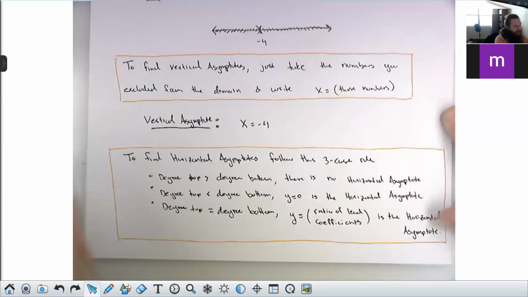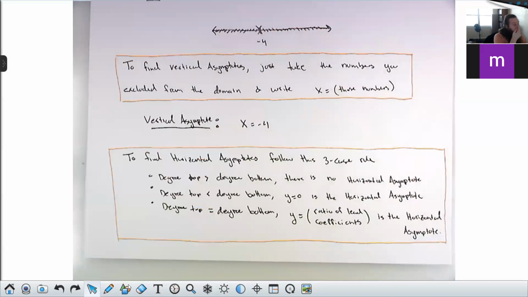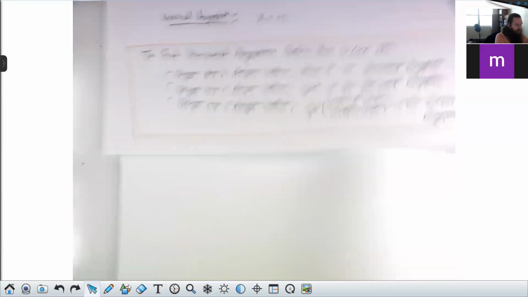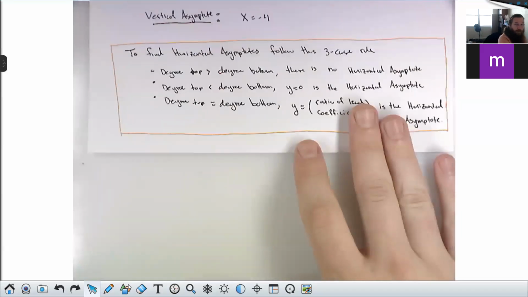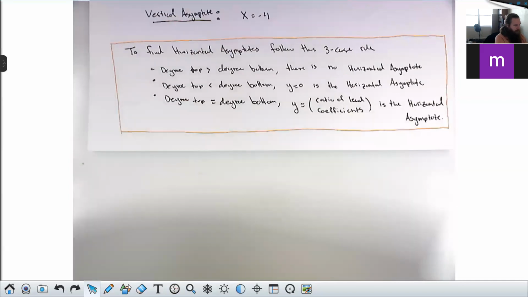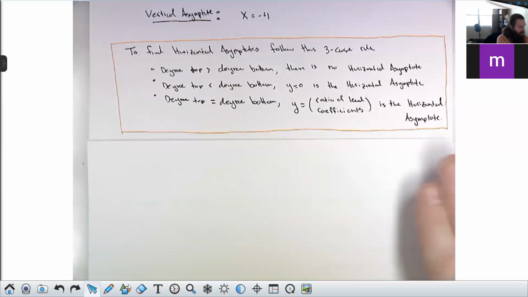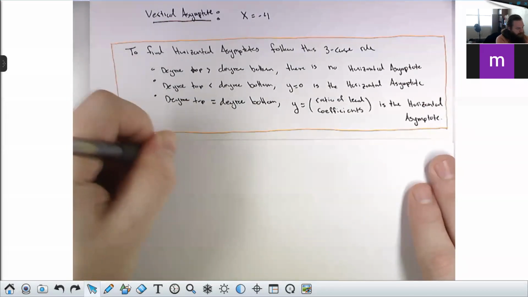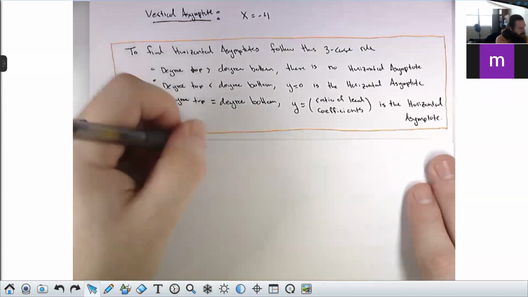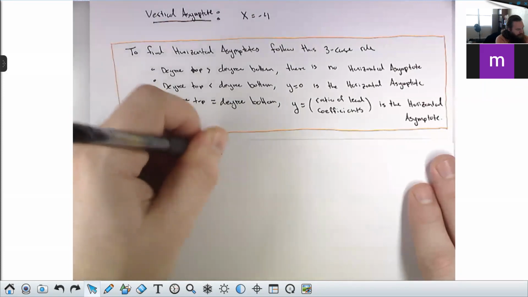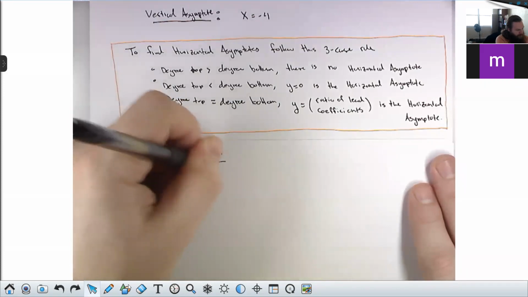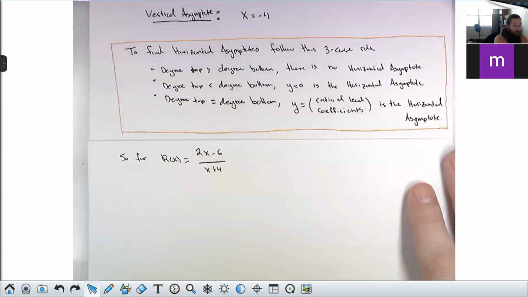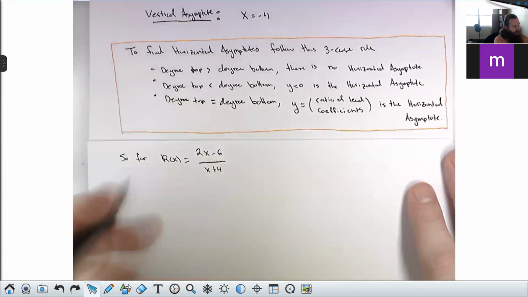So for our function, r of x equals 2x minus 6 over x plus 4, we have to figure out first which of these 3 cases we're in.